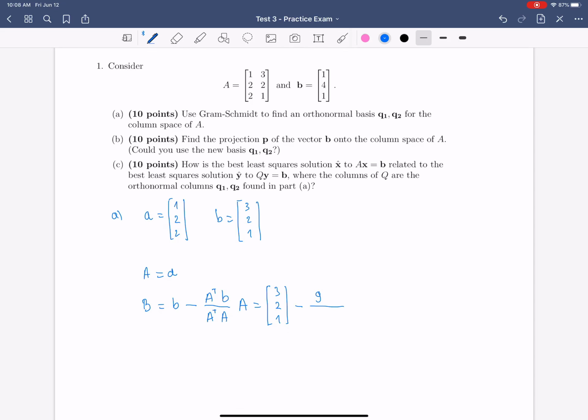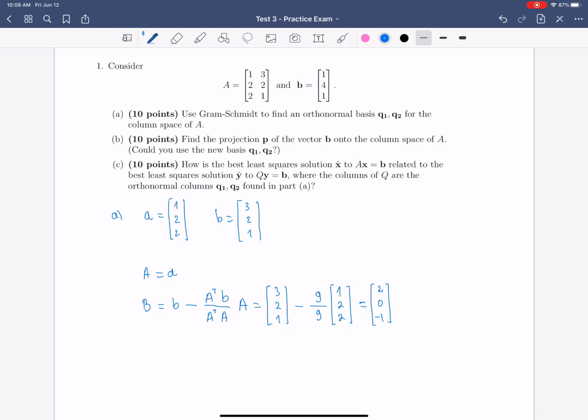I hope I'm not making a mistake here. I'll double check. A transpose A would be 1 plus 4 plus 4, which is again a 9. And then the vector A is 1, 2, 2. So 9 over 9 is just a 1. So capital B is the difference between lowercase b and lowercase a. That gives me 2, 0, negative 1.